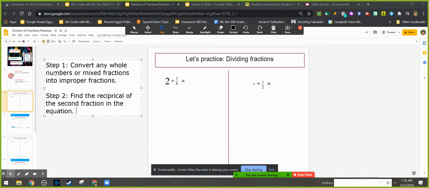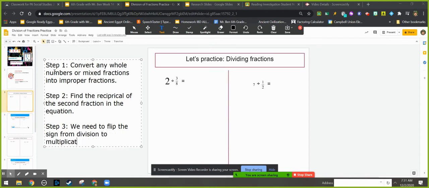And step three, and this is the final step, we need to flip the sign from division to multiplication and then multiply.